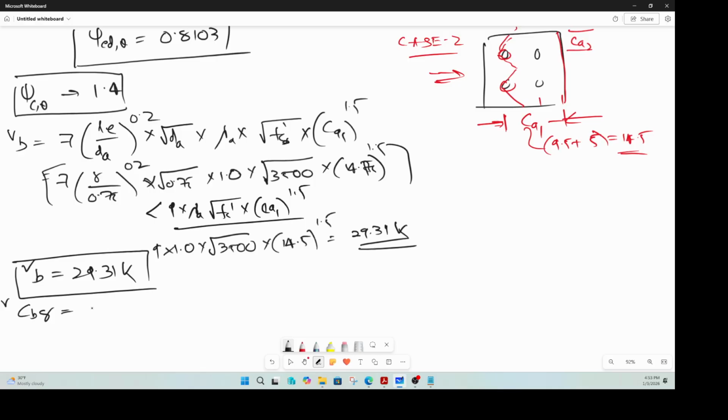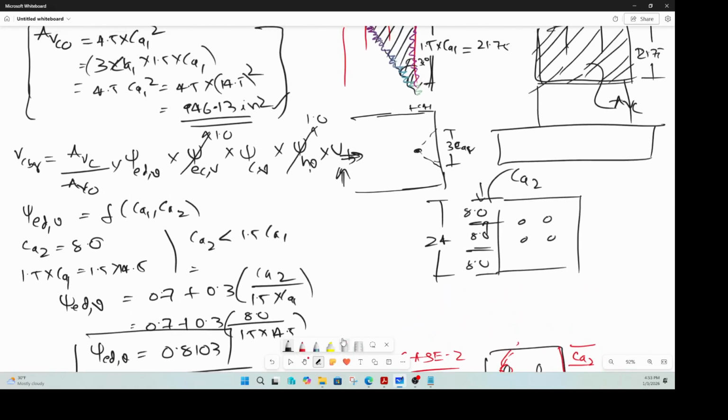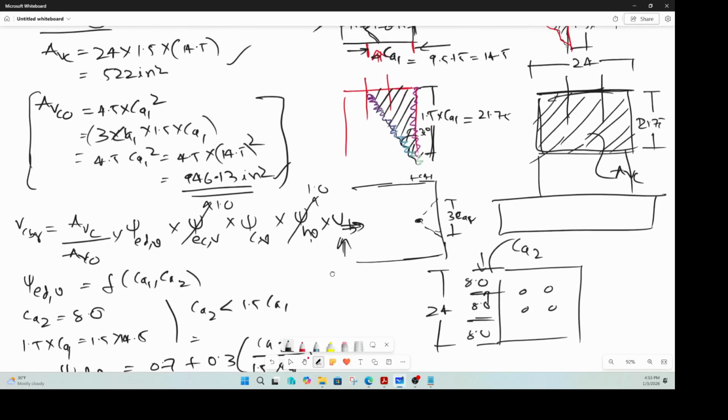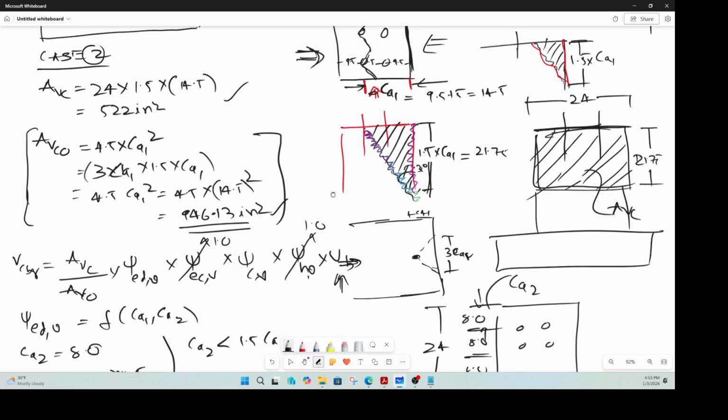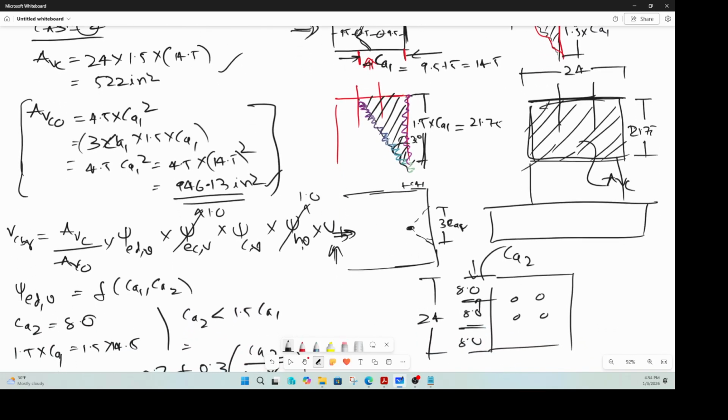So in case 2, our Avc, did we calculate Avc? Not yet. This was for case 2. So Avc is that much, 522, and Avco is 946.